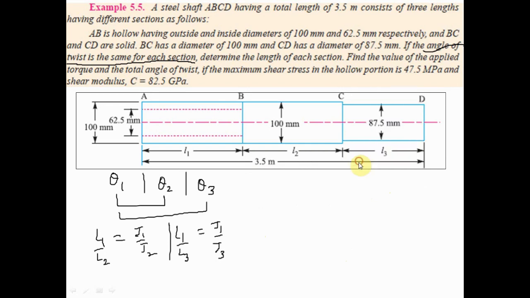So here let me write L1 by L2. L1 by L2 is equal to J1 by J2.